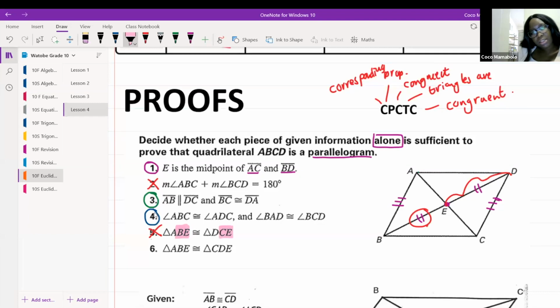BE and CE, ma'am. BE and CE. But that is false, because this is CE over here, and that's not the sides that are supposed to be equal in our parallelogram. Do you understand why it doesn't work? Yes, ma'am. Does it make sense a little bit? Yes.